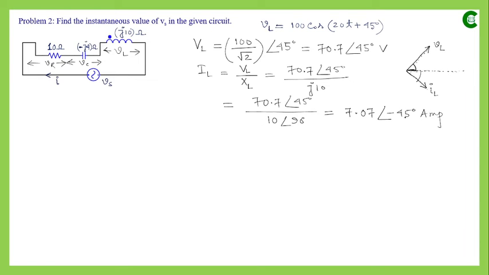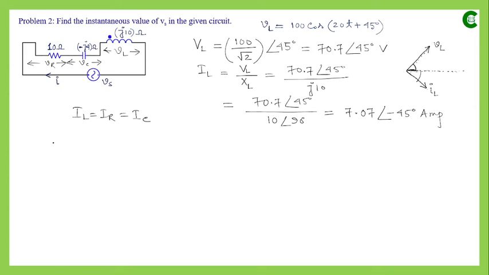And as I said, the current which flows through the inductor will lag the reference line by 45 degrees, or the phase angle will be minus 45 degrees, so that the total phase difference is 90 degrees. Now since this is a series circuit, the current through the inductor will be equal to the current through the resistor, and that will be equal to the current through the capacitor.